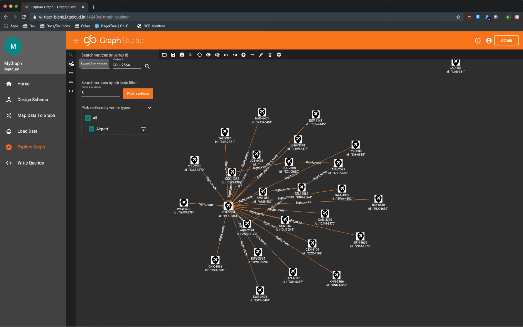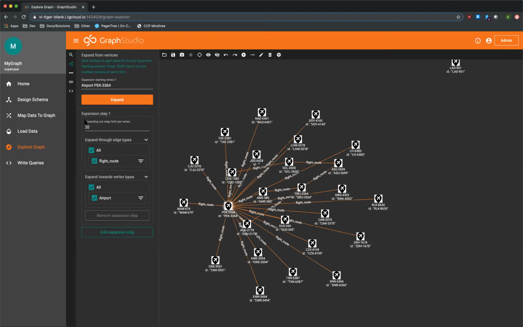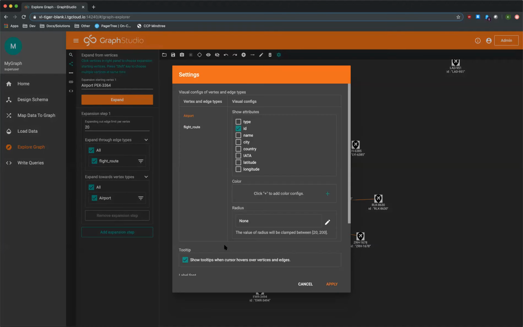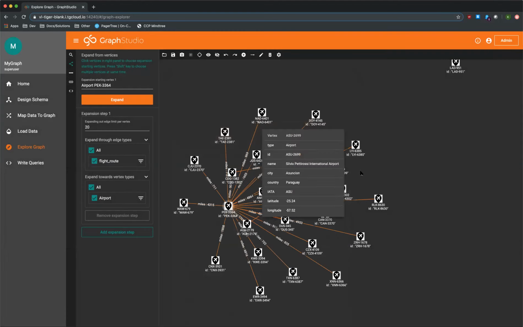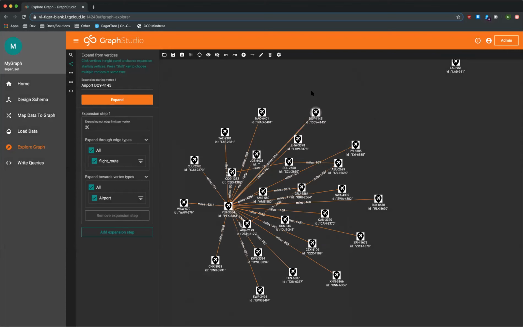But you can also see, if you go up to the settings at the top of the menu, the gear, I want to change the settings on the flight route edge. Show miles, but don't show type. Great. So then we'll just see these distances.